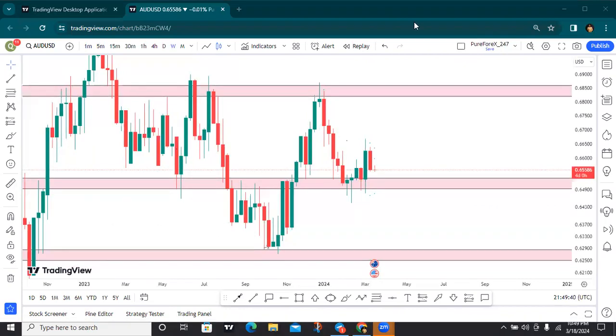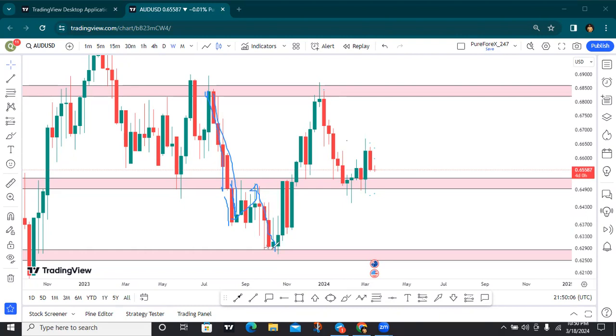Let me pick my pen. The market dropped all the way from the upper zone of sensitivity and broke the middle zone of sensitivity, right? When the market broke the middle zone of sensitivity, it retested it, and then dropped all the way to the lower zone of sensitivity.